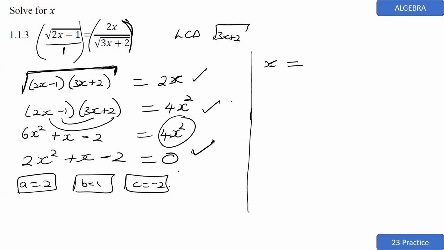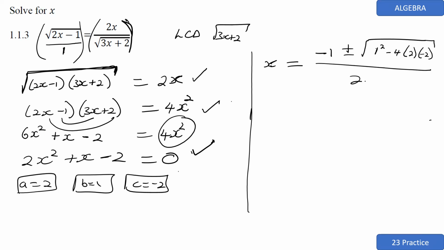So putting into the formula, x is equal to minus b, b is 1, so it'll be minus 1, plus minus the root of b squared, which is 1 squared, minus 4a, our a value is 2, and then c, which is negative 2, and all over 2a, and our a value here is 2.